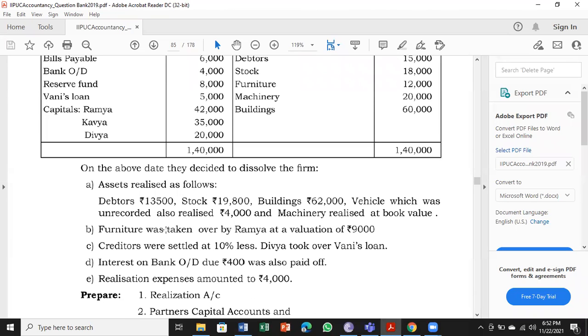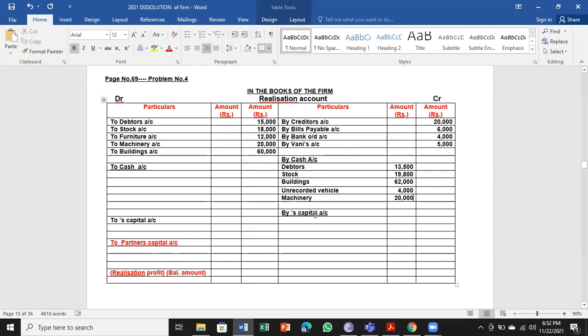Next is furniture was taken over by Ramya at a valuation of 9,000. So instead of asset is converted into cash, asset is given to partner, partner is the receiver. So debit the partner's account. So Ramya is taking, so Ramya's capital account is debited, and realization account is credited.